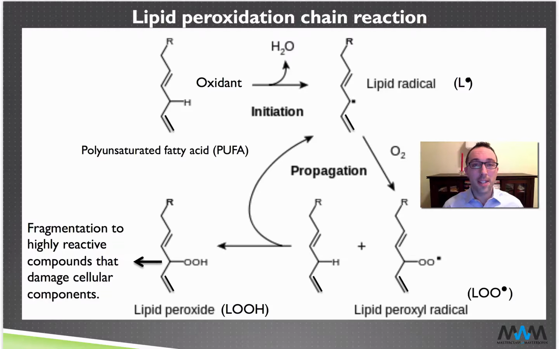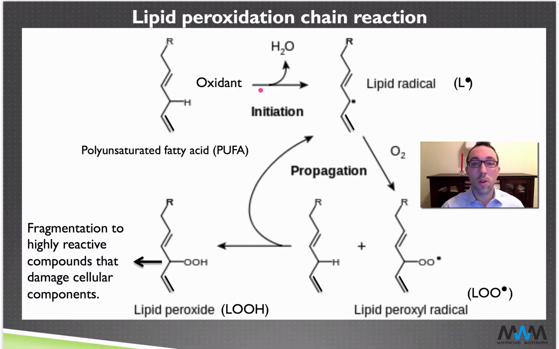For now, let's outline the lipid peroxidation chain reaction. Let's say we have a polyunsaturated fatty acid, shown in the upper left. An oxidant can initiate the peroxidation chain reaction by grabbing its hydrogen and electron and becoming something else.